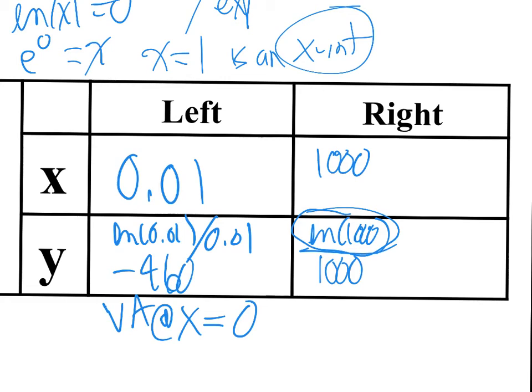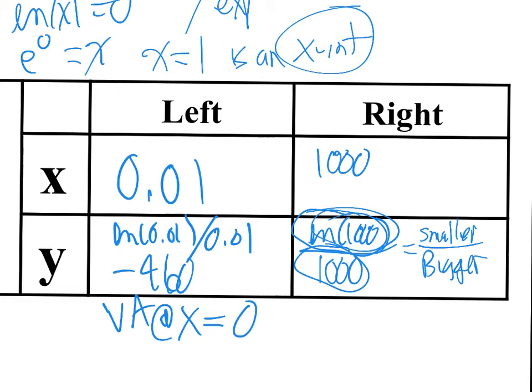How many times do I have to multiply e, 2.7 something, repeatedly to get 1,000? The exponent is clearly going to be a lot less than 1,000. So that's much smaller over something that's much bigger, and as we move out to infinity, we're going to get closer and closer to 0.